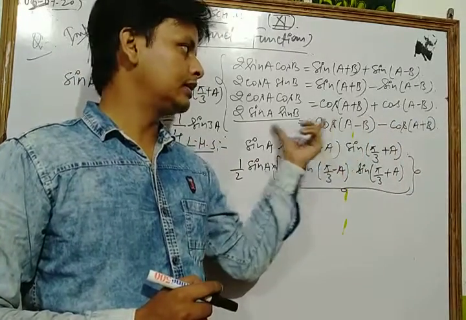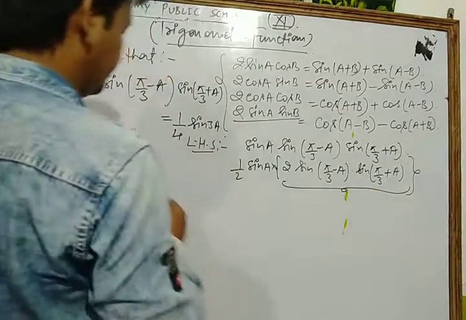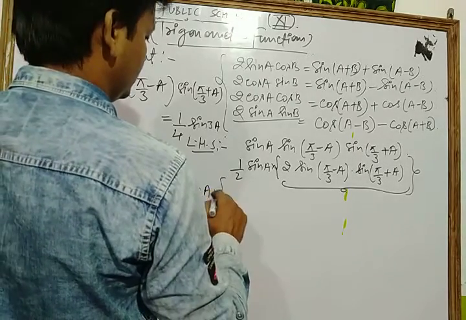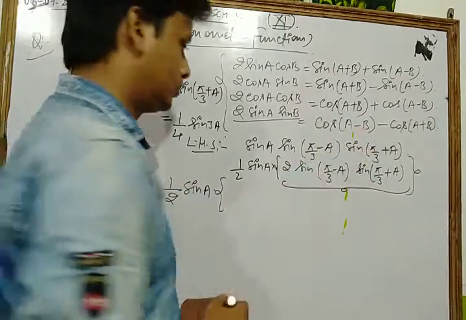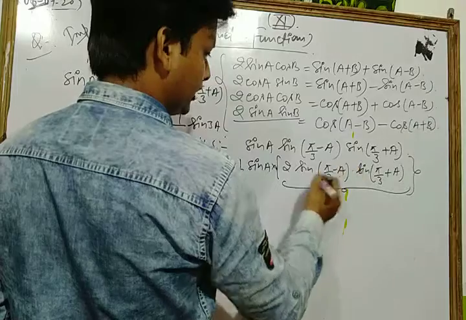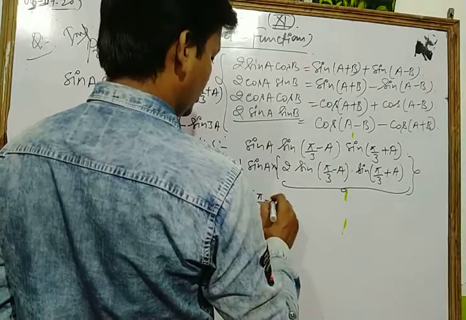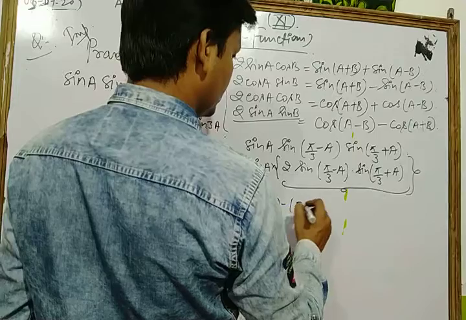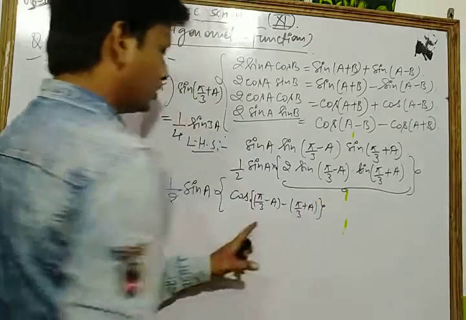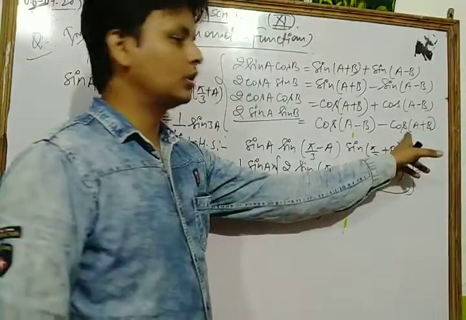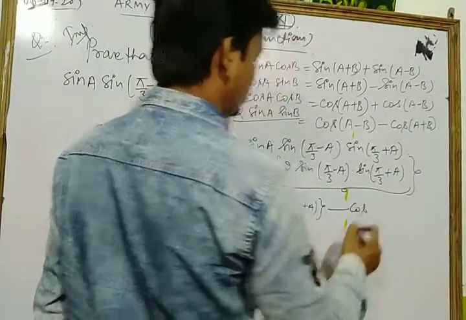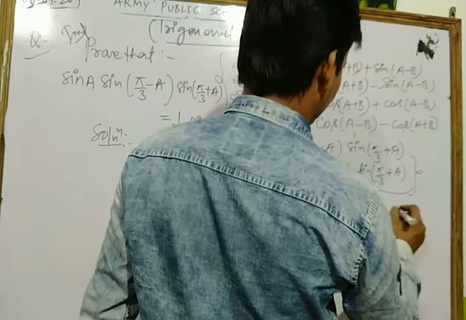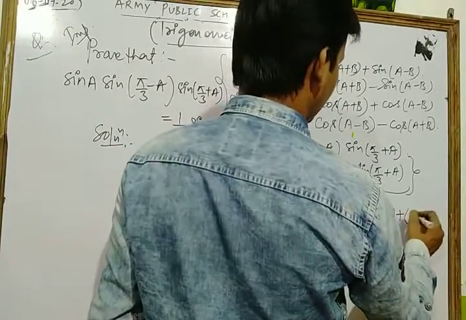So we use this identity here. We get 1 by 2 sin A into cos(A minus B) minus cos(A plus B), where A means pi by 3 minus A and B means pi by 3 plus A.